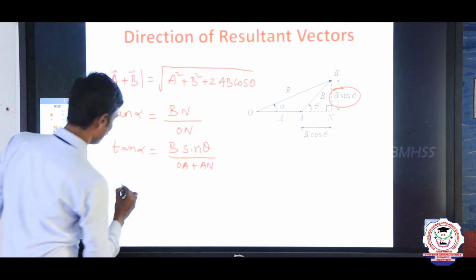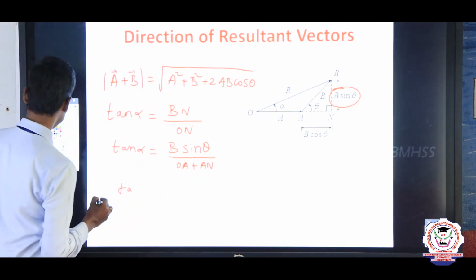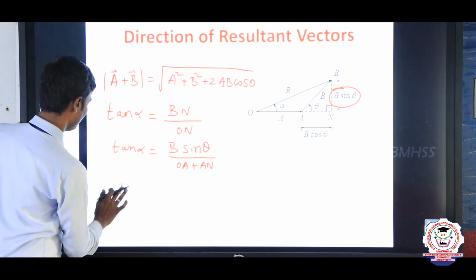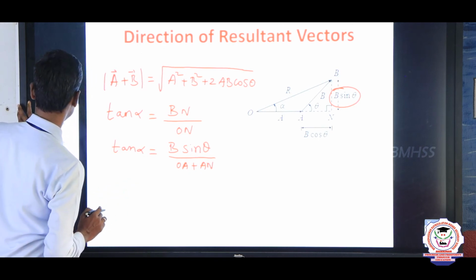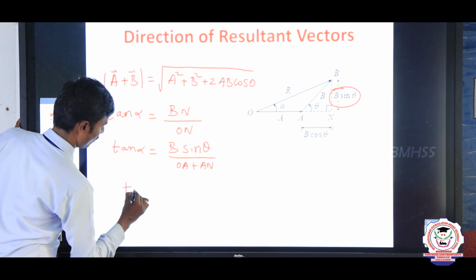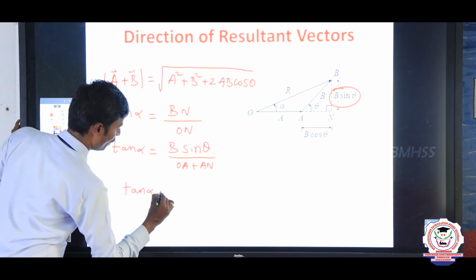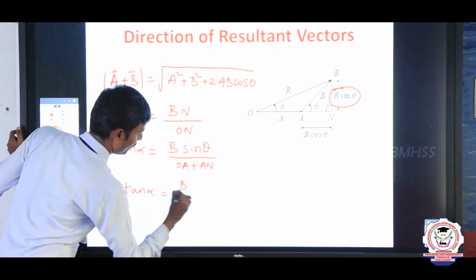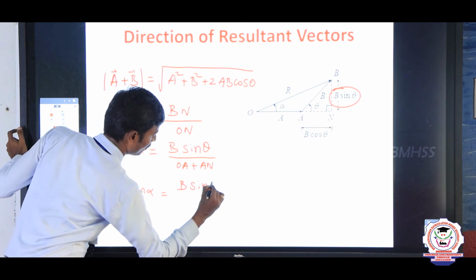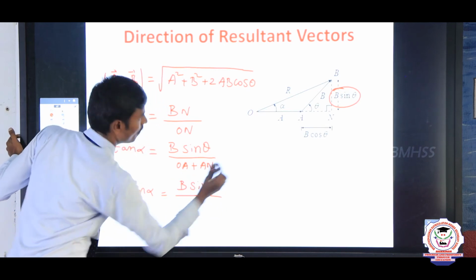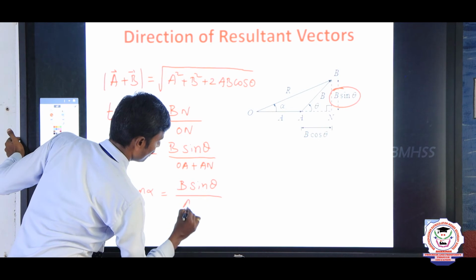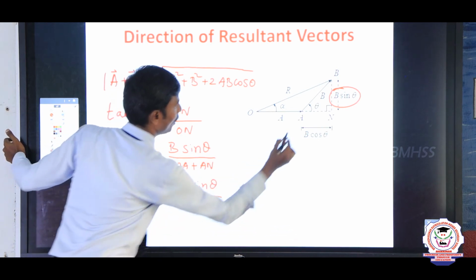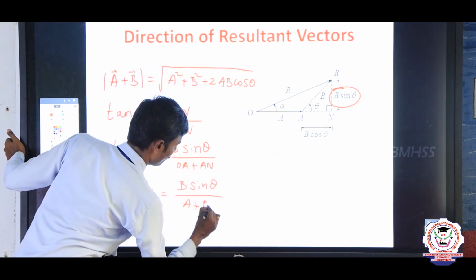So applying this value, tan alpha equal to b sin theta divided by OA value. What is the value of OA? OA plus AN, where AN value is b cos theta.